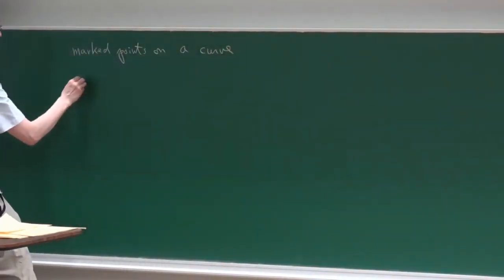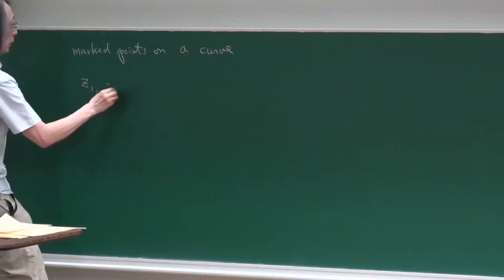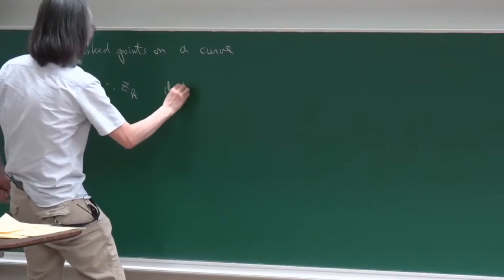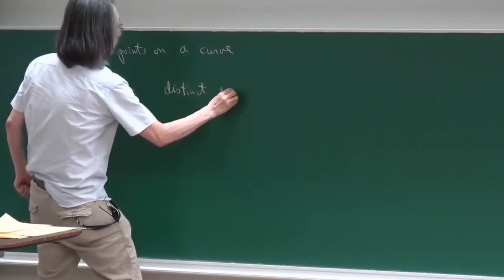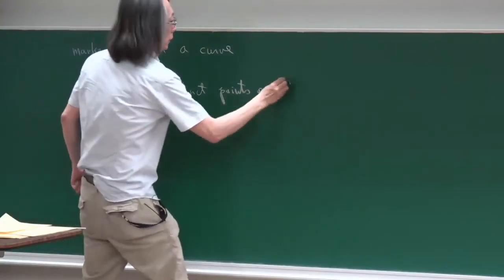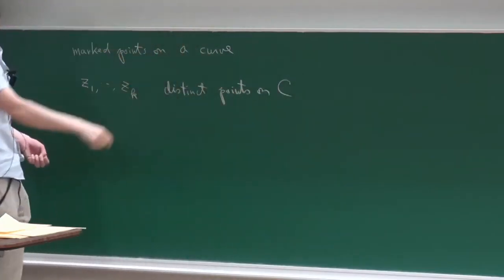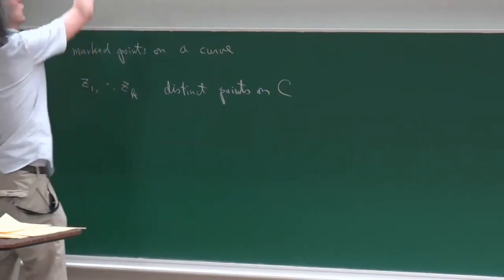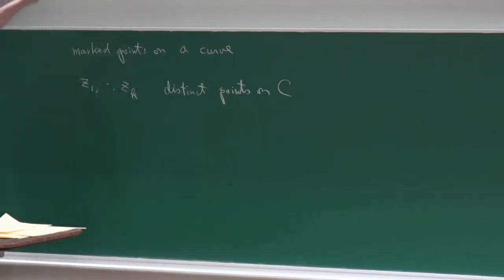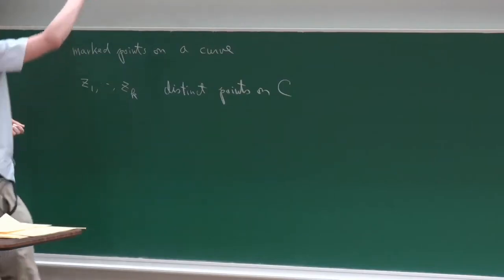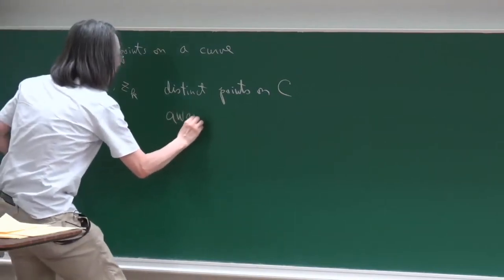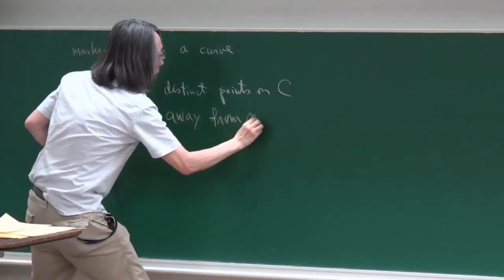So this is just, say, z1, ..., zk, distinct points on this C. C is just this union of closed Riemann surfaces, and z1, ..., zk are distinct points on C, so that they never coincide with a singular point, never coincide with a nodal point, away from the nodal singularity.